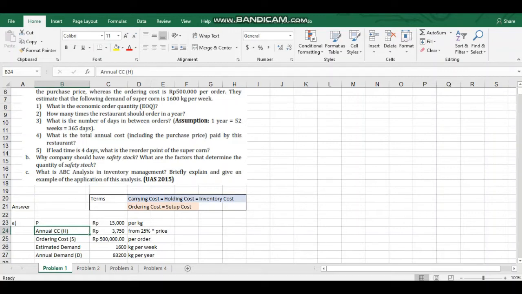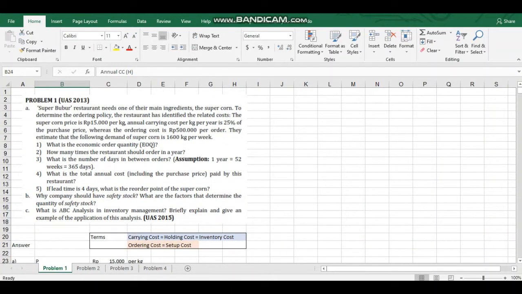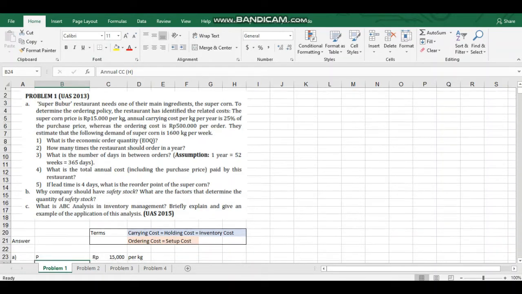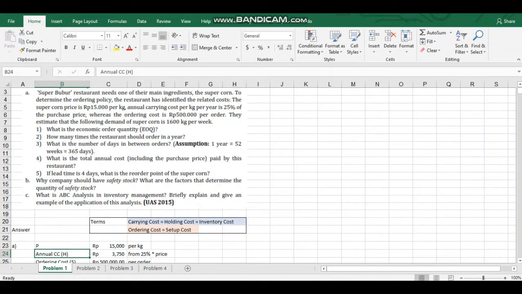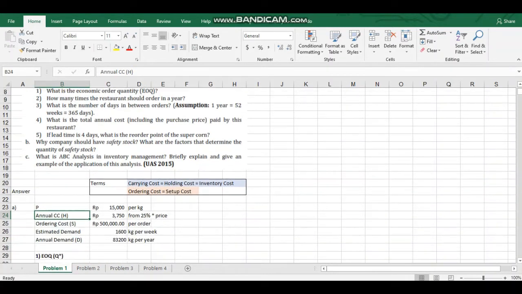The other info is that the ordering cost is 50,000 per order. Ordering cost is symbolized with S. First, I want to talk about the terms. Basically, carrying costs have the same meaning as holding costs and inventory costs.